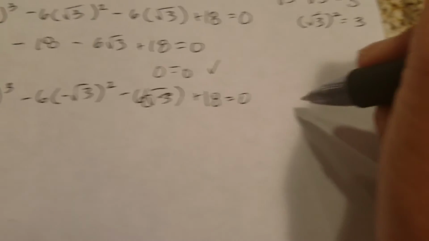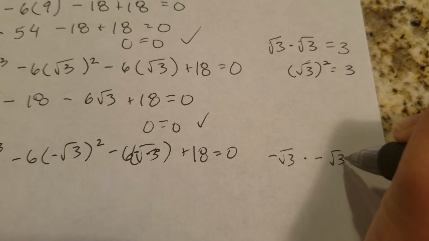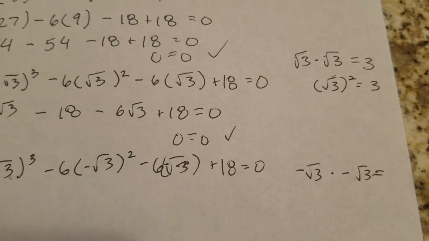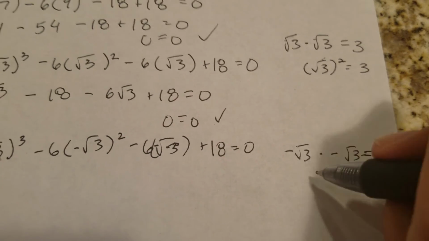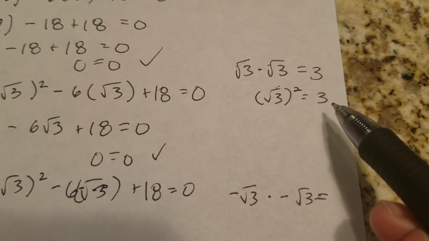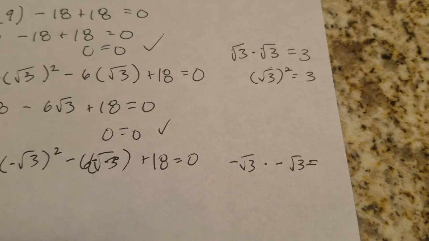Side note, negative root 3 times negative root 3 is negative root 3 squared. So if we said earlier that root 3 squared is 3, what do you guys think negative root 3 squared is?